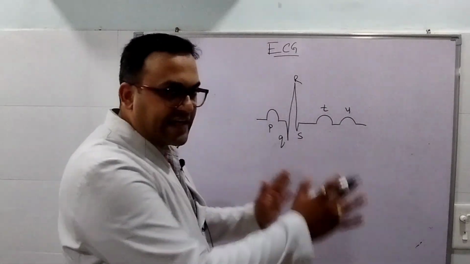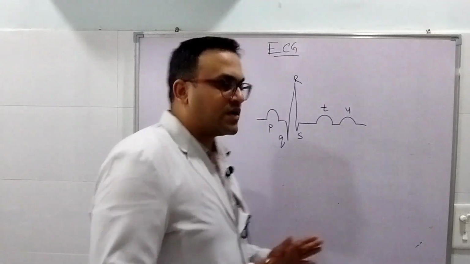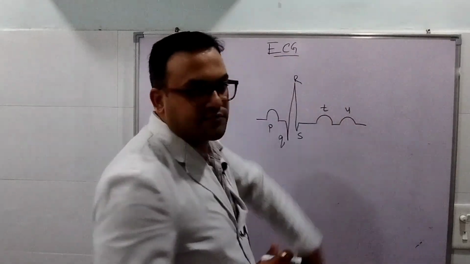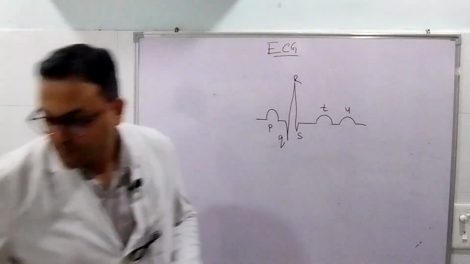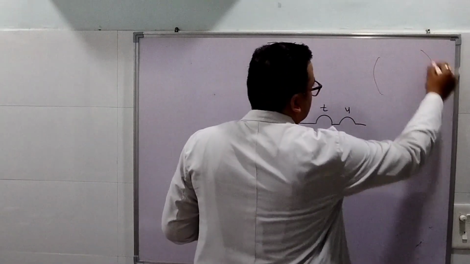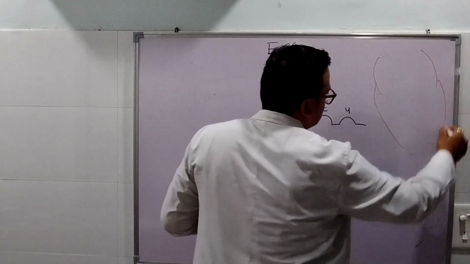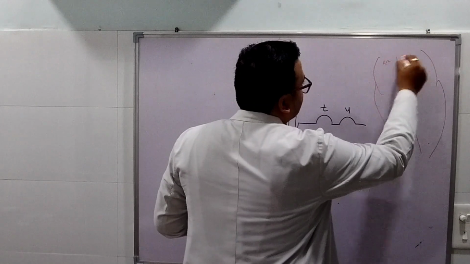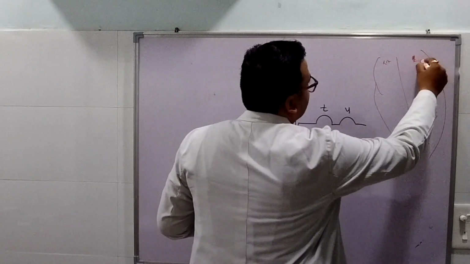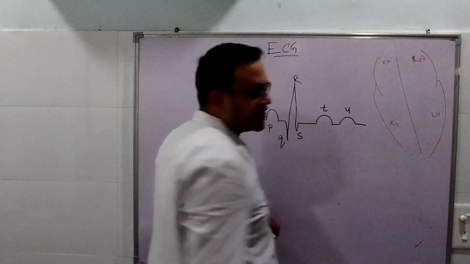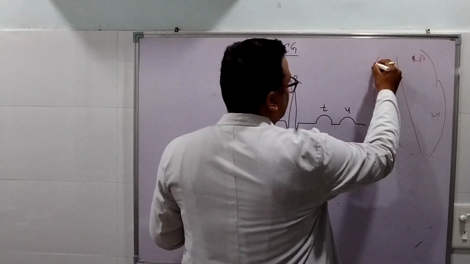Now we will correlate it with the cardiac cycle, or with how these waveforms are formed. So this is the right atrium, this is the left atrium, this is the right ventricle, this is the left ventricle. SA node.